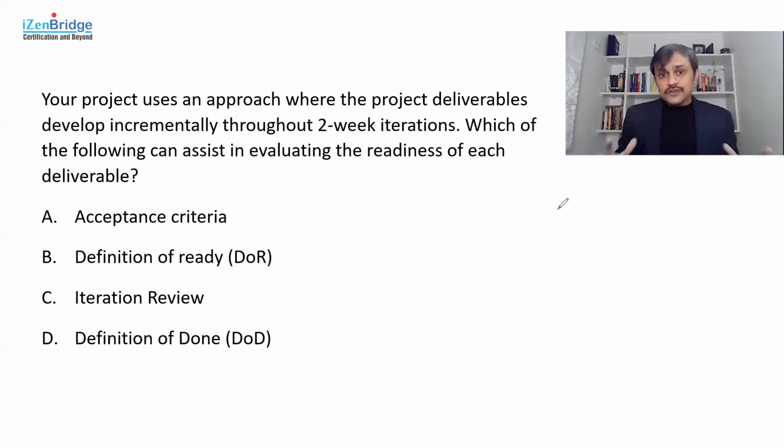Definition of done. Now, the definition of done in a way includes the acceptance criteria at least in pretty much detail, and it can have some amount of other reviews as well if needed. So in my opinion, option D, the definition of done, is the best option. So the idea here is we should work incrementally, not waiting for the end of an iteration.